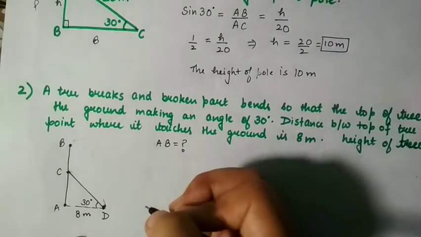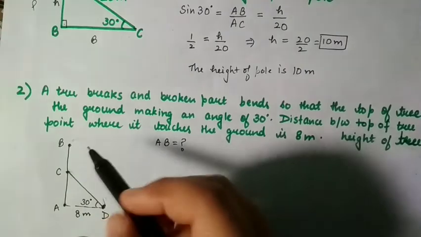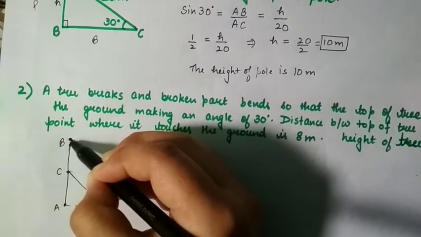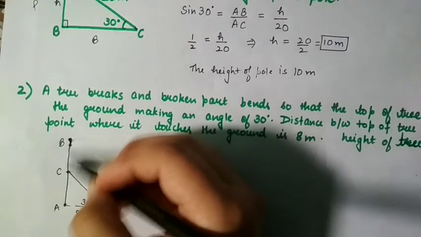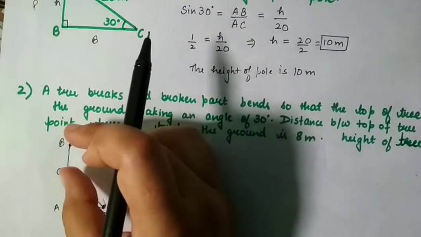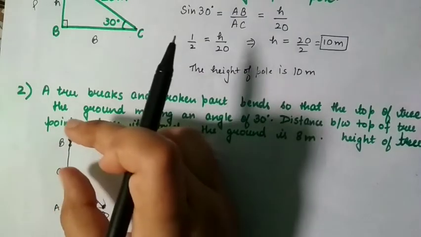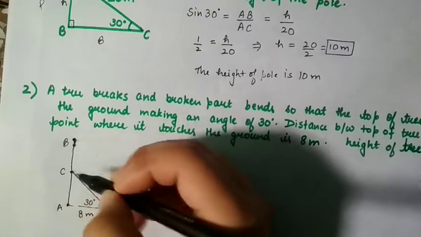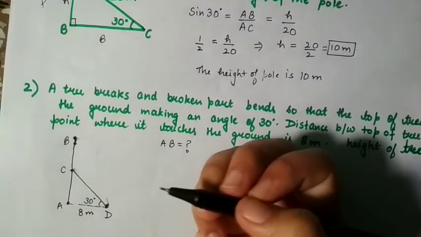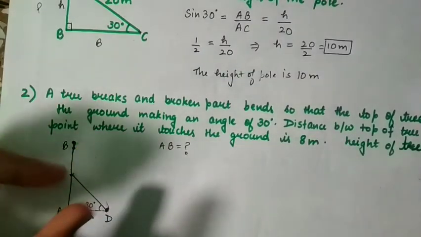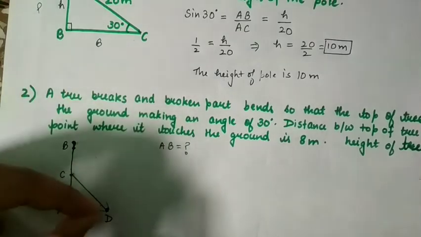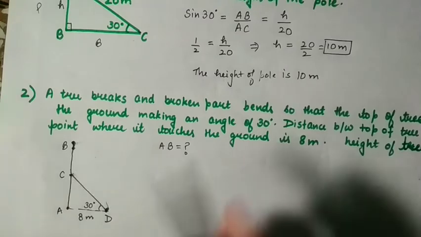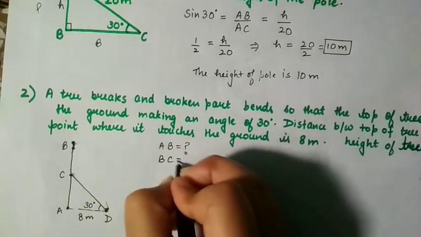As you can see from the figure, as the top of the tree breaks and touches the ground, the length BC will be equal to CD, because this portion has only fallen down and is now touching the ground. So this length would be equal to this length. It means BC is equal to CD.